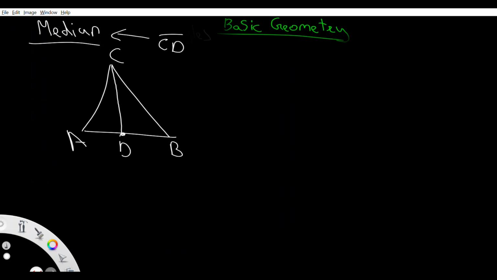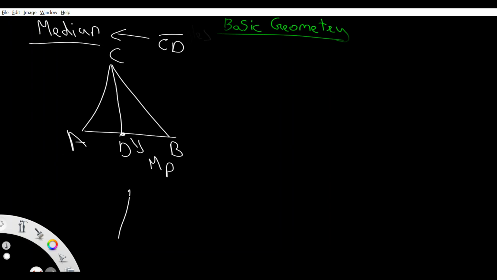But what is a median? A median is a line segment that goes from one vertex of the triangle to the other side on the midpoint of it. So this would mean that D is the midpoint of the line segment AB.